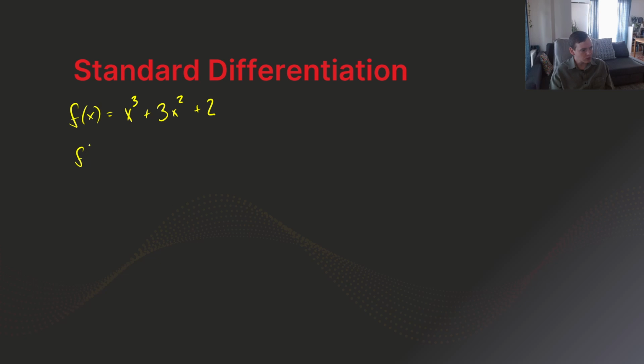So our first derivative, pretty straightforward, 3x squared plus 6x plus 0. Second derivative, just the derivative of this function above, so 6x plus 6. If I wanted to do a third derivative, that would be nice and straightforward too.